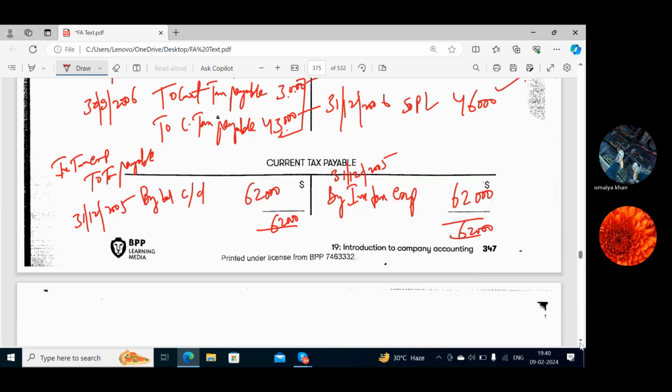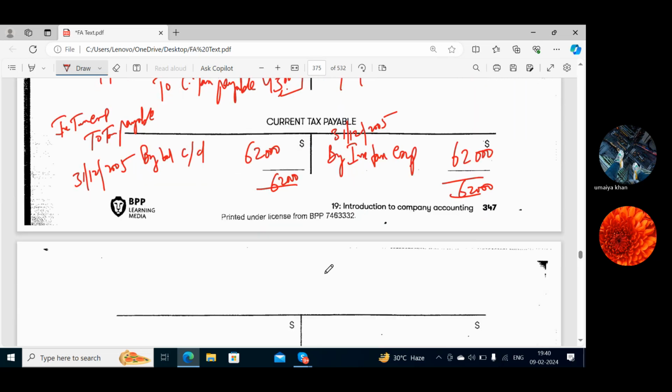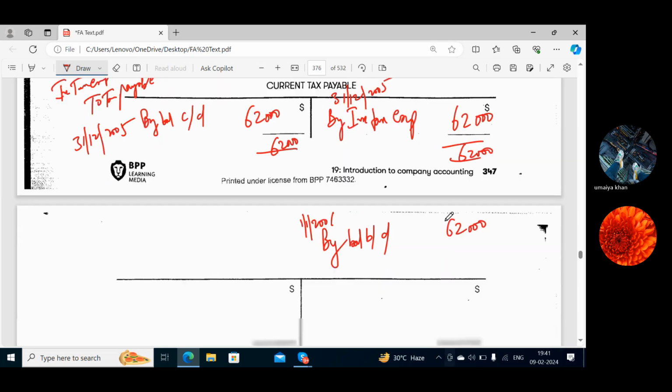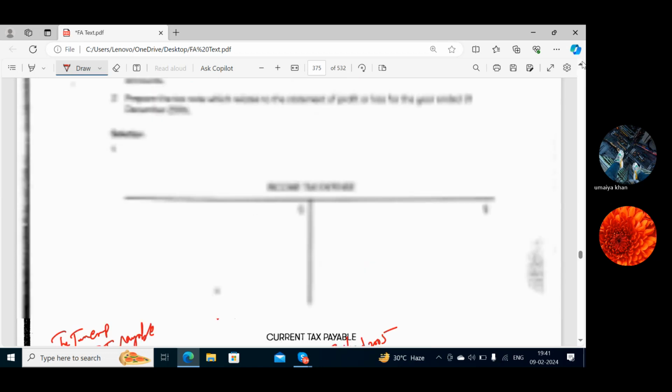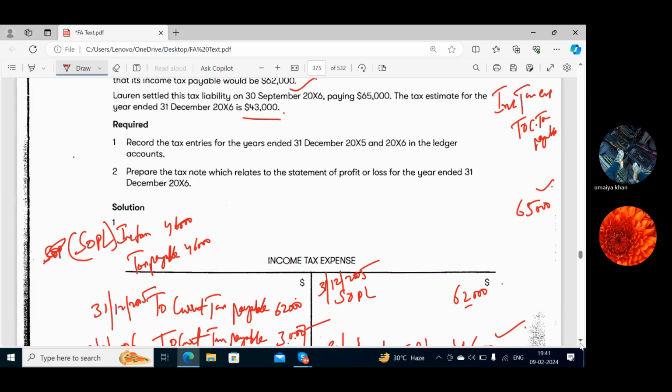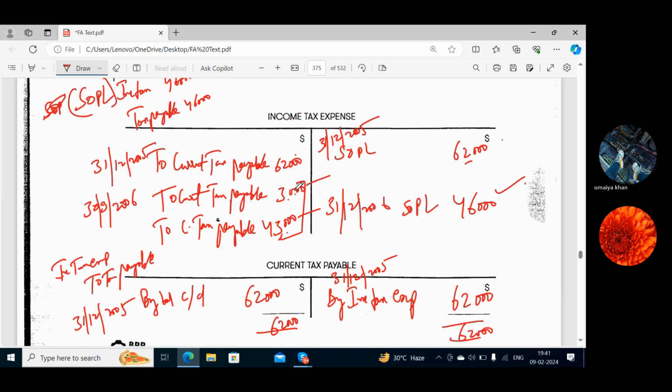Again brought down, this balance will be brought down. So brought down balance by balance brought down, and the brought down balance will be on the first date, first 2006, 62,000. Okay, and again extra 3,000 also you paid, right? 62 plus 3, 65,000, right?